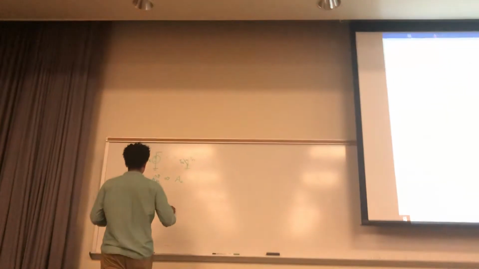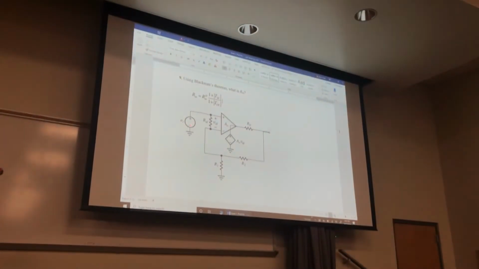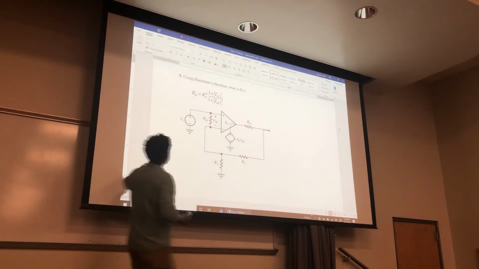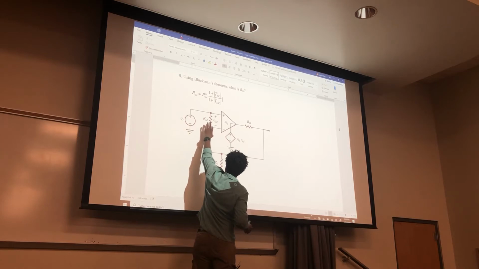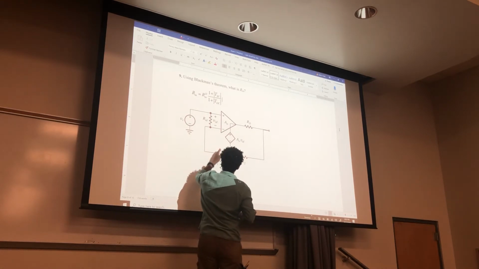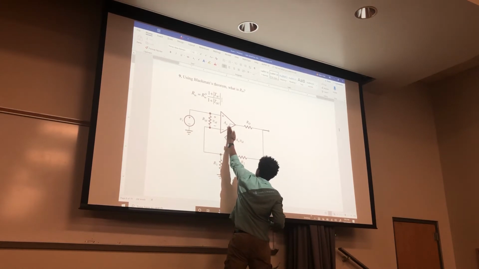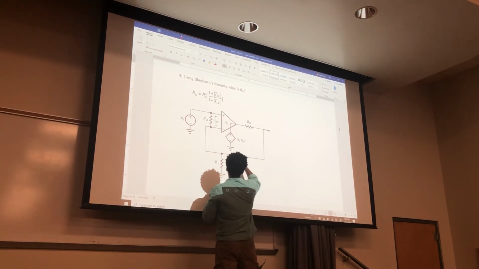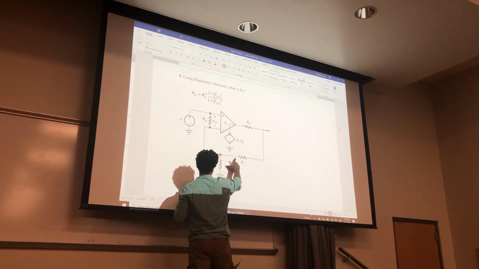Okay, so what this is going to equal, as seen from this piece right here, it's going to come down this way, right? So you have this RID, and that's going to be in series with this branch and parallel with this branch, because this goes to ground, because this is shorted. This path goes to ground, this path goes to the ground. Right here it splits up.